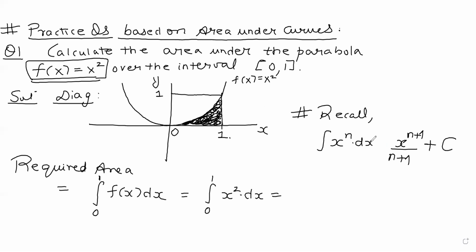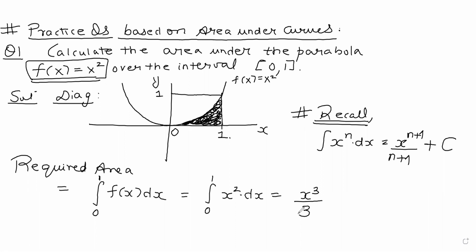Although I will be doing this in my lectures on indefinite integrals, but just a recall for all students, integral x to the power n dx is x to the power n plus 1 upon n plus 1 plus the constant of integration c. Now the integral of x square is x cube by 3.